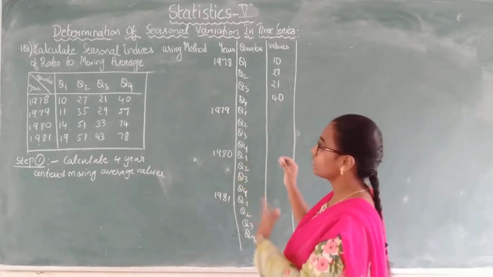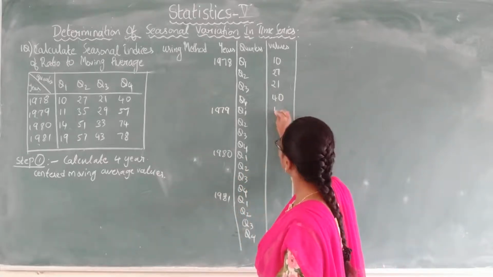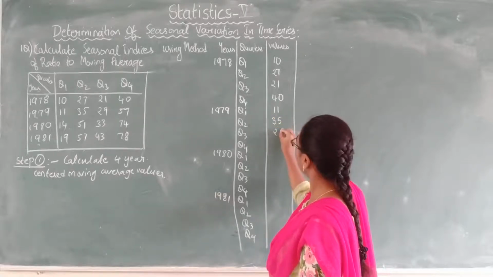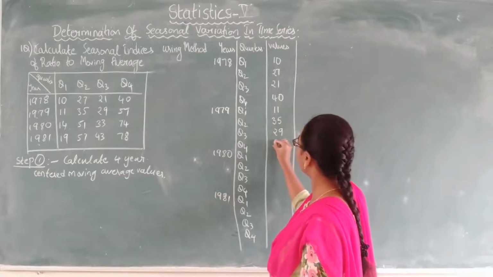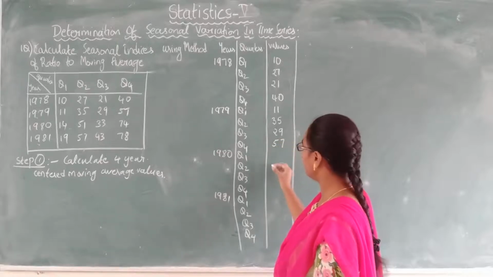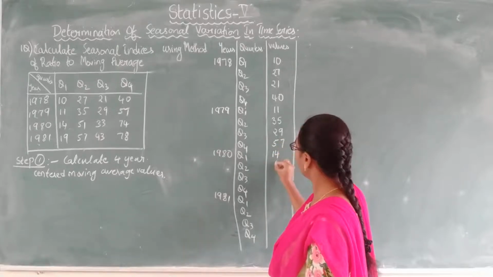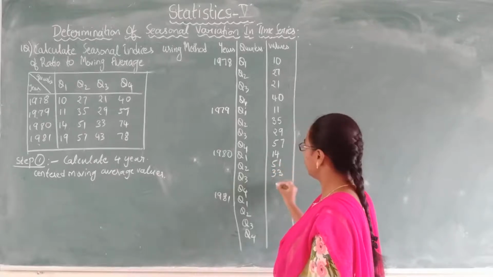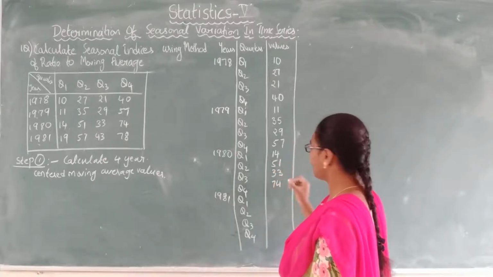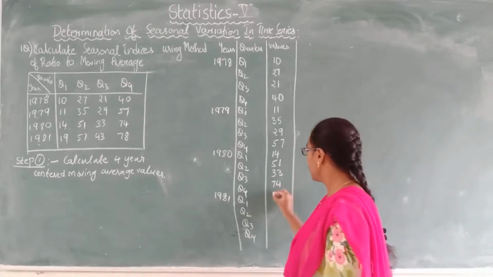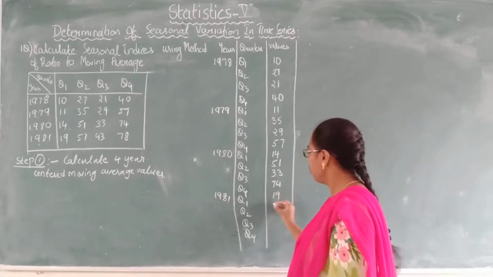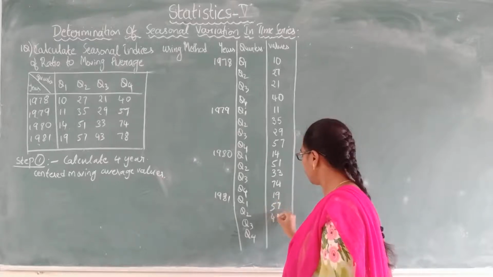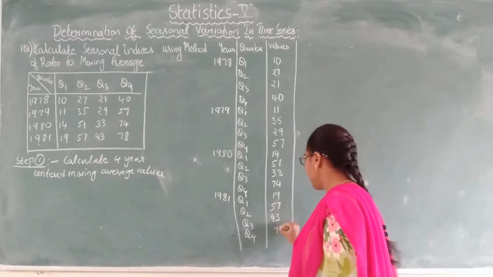Next, 1979: the values are 11, 35, 29, 57. Next, the 1980 values are 14, 51, 33, 74. Next, the 1981 values are 19, 57, 43, and the last value is 78.